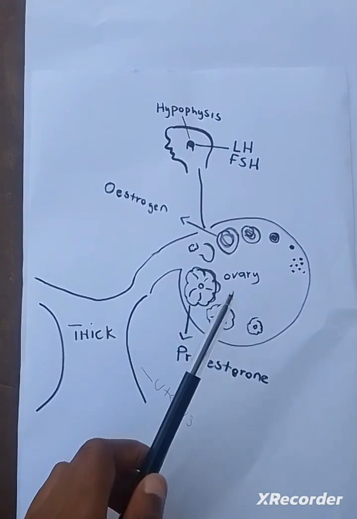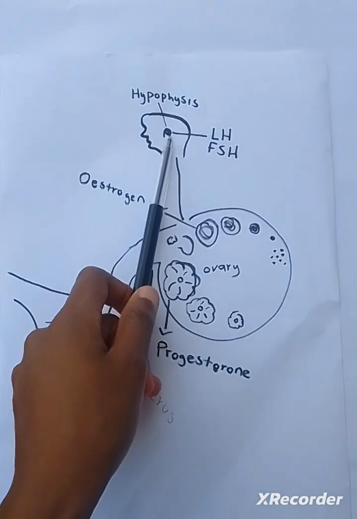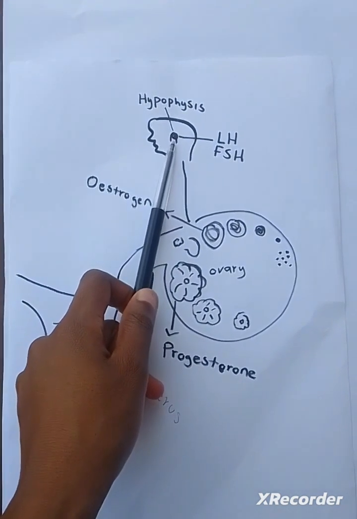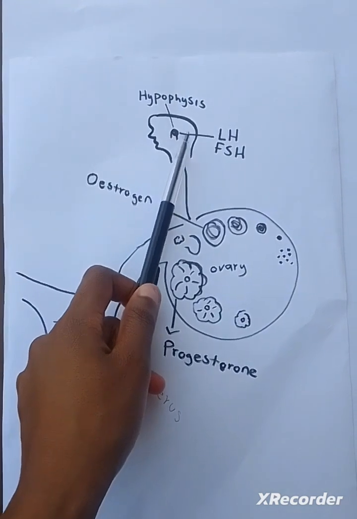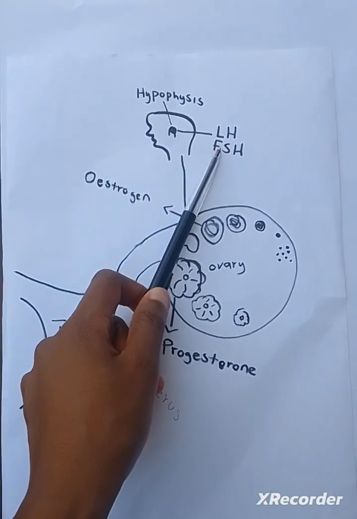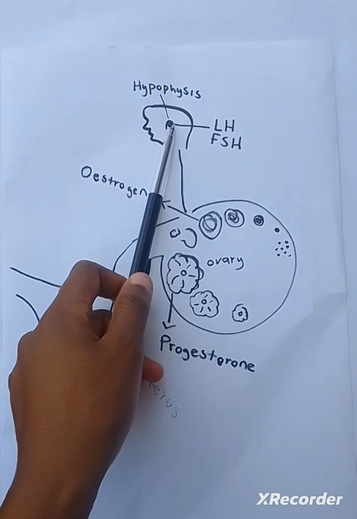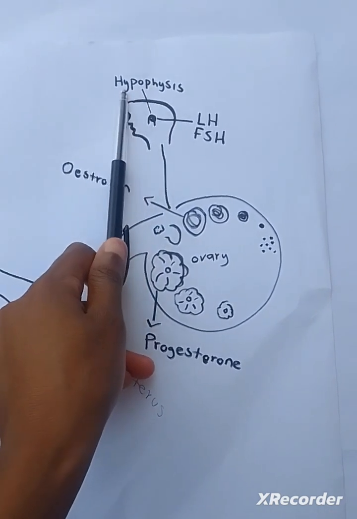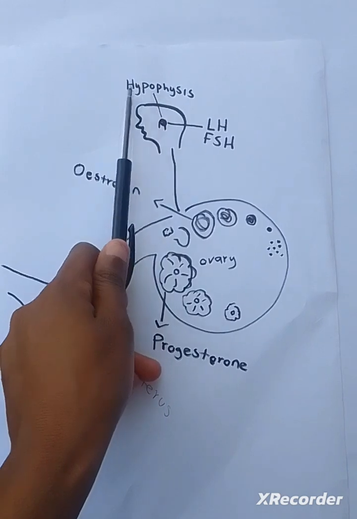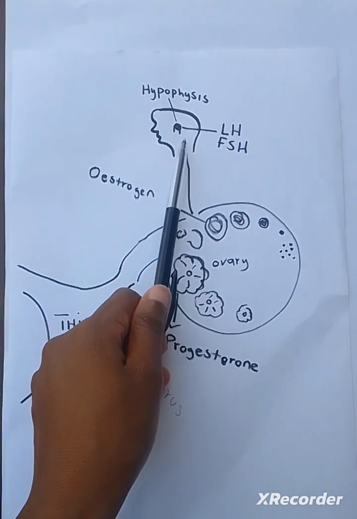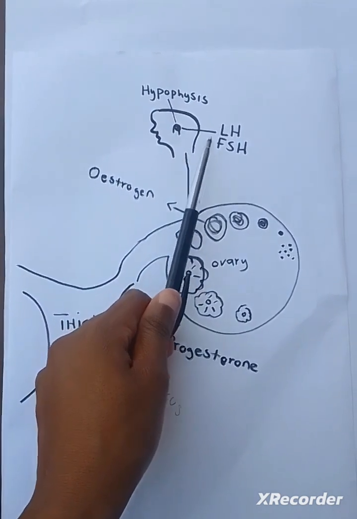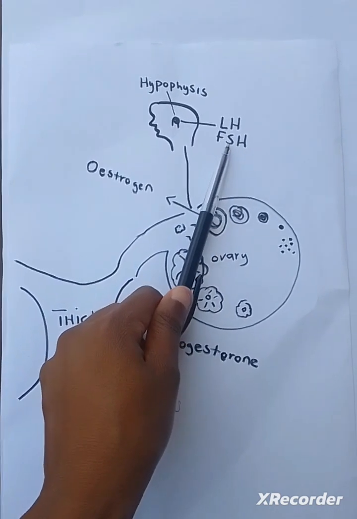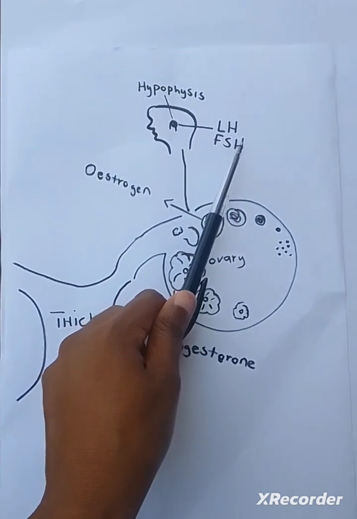This here is a pituitary gland in your brain, right? Remember, glands are the ones that secrete or produce what? A hormone. So we have a pituitary gland in the brain. Another name for pituitary gland is hypophysis. This pituitary gland secretes the hormone FSH, which is called follicle stimulating hormone.